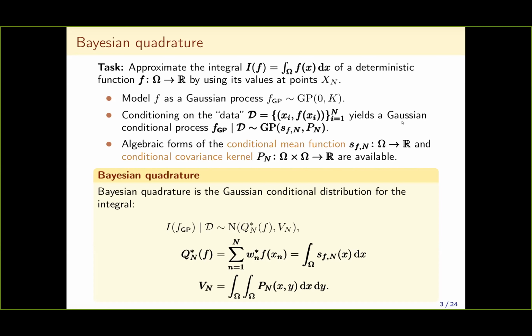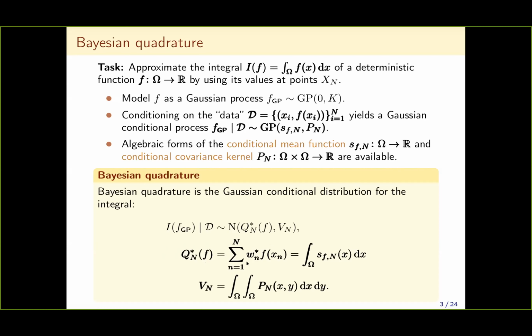And then Bayesian quadrature is just taking an integral of this conditional process. Because integration is a linear operation, the conditional of the integral is just a Gaussian random variable with a certain mean Q star, which can be written as a weighted sum of these function evaluations.